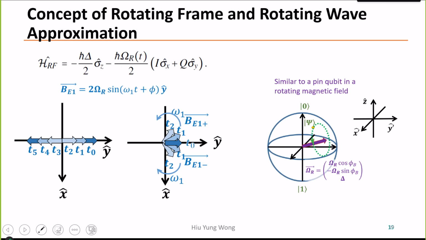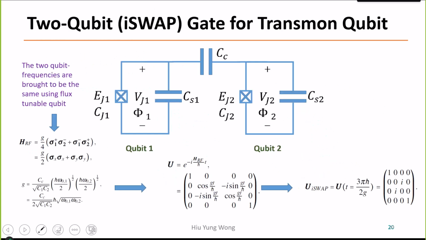And this equation is the same as in chapter 10, where we talk about the rotating magnetic field on the xy plane. If you remember, you will get an equation like this. And then the sigma x, sigma z will give you an effective vector, and your qubit will rotate about this vector. So the math will be the same as that one.